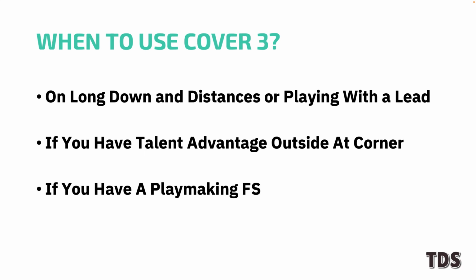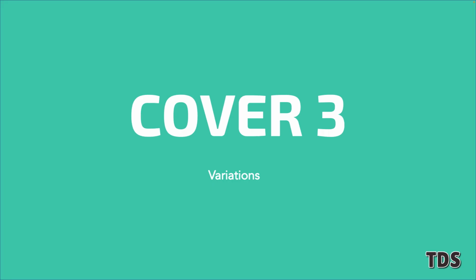It's no accident you think of Earl Thomas when you think of a playmaking free safety, of that 2010s Seattle team, which we'll be talking a lot about in this video. But it would also suit the likes of Ed Reed, etc. The guys that can gamble outside of their zone, and to be honest, a free safety does need to be able to do that in this scheme for him to be effective.